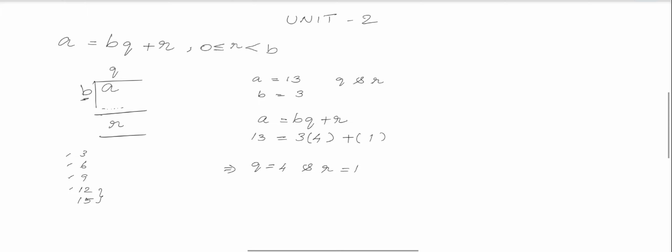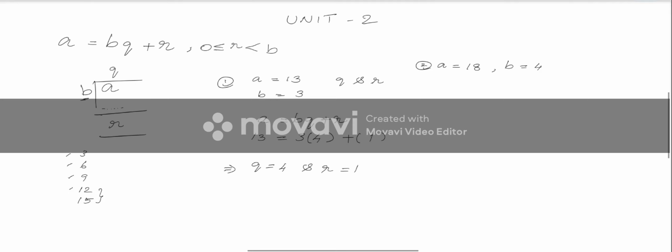Are you clear? I'll give you one more sum. Let a = 18 and b = 4. Here also you are asked to find q and r.